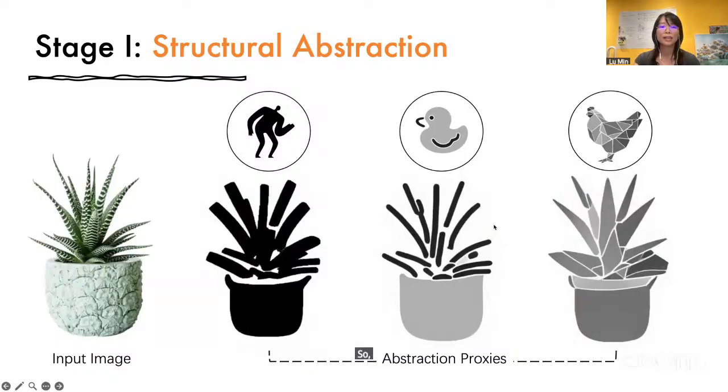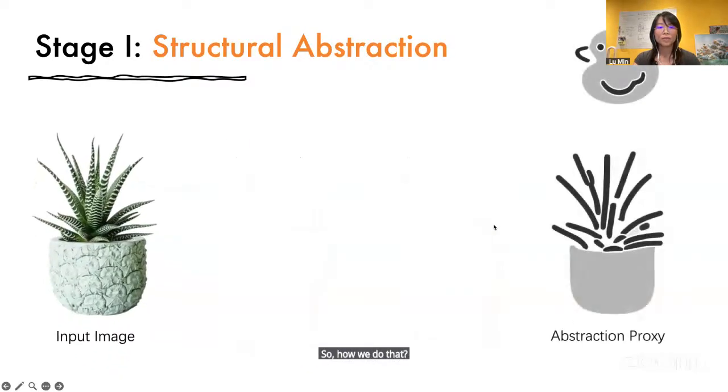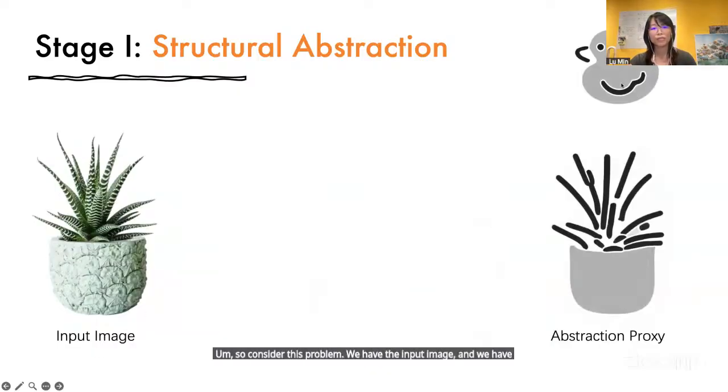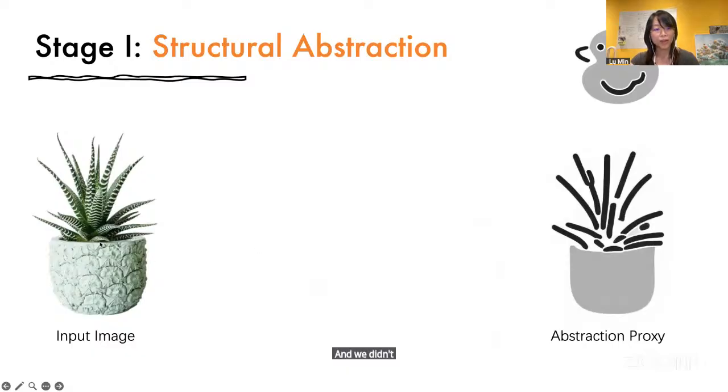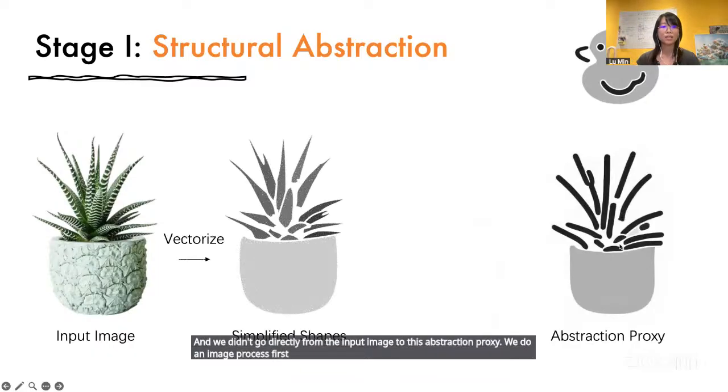So how do we do that? Consider this problem. We have the input image and we have a reference. We want to change the geometry of the input image into this abstraction proxy. We don't go directly from the input image to the abstraction proxy. We do an image process first, that is, image vectorization.